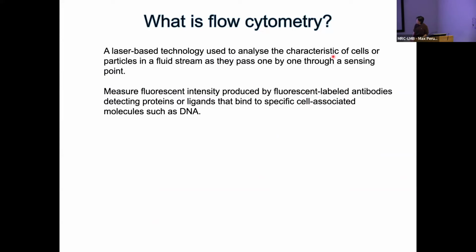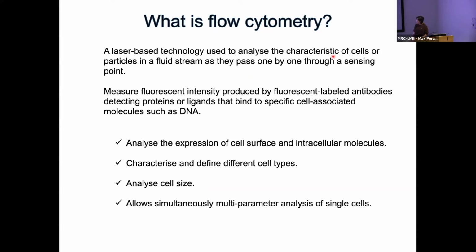It measures fluorescent intensity produced by fluorescent labeled antibodies that detect proteins, or ligands that bind to DNA. So flow cytometry can analyze the expression of cell surface markers or intracellular molecules. It characterizes and defines different cell populations. It can analyze cell size or do cell counts. It allows simultaneous multi-parameter analysis of single cells.